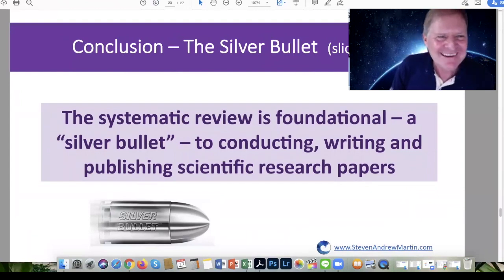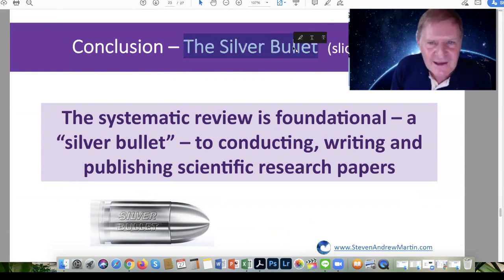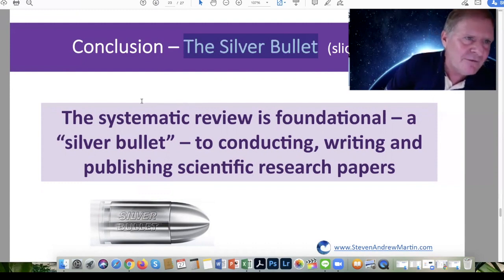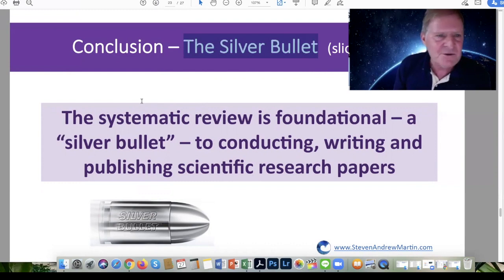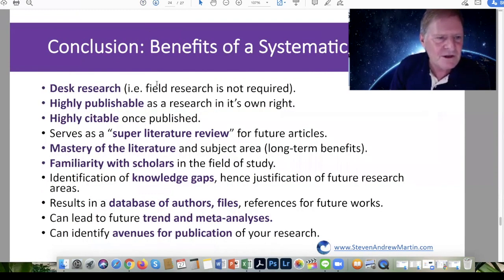In conclusion, what I hope you gather from this presentation is that systematic review is a silver bullet. It's the foundational silver bullet to conducting, writing, and publishing scientific research papers, right? So not just the systematic review itself, but the idea that you've mastered the literature and you can continue to publish quickly.